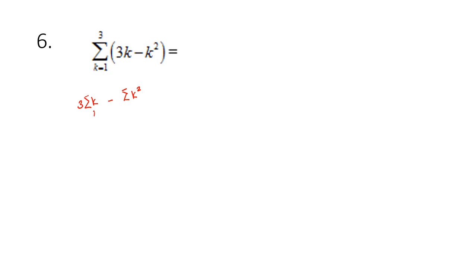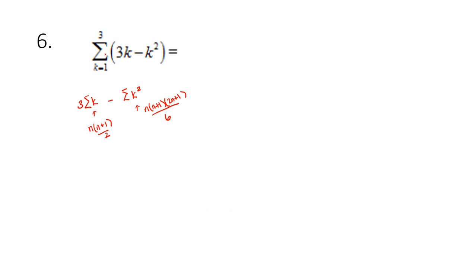Which means right here we have to do n plus 1 divided by 2, and right here we have to do n plus 1, 2n plus 1 divided by 6. However, I know none of y'all are going to do this. So here's another way we could do this question.